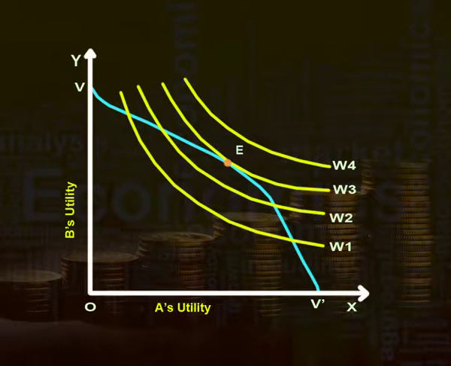Thus, from a large number of Pareto optimum points on the grand utility possibility curve, we have a unique optimum point E at which the social welfare is maximum. This point E shows both economic efficiency as well as equitable distribution made by the society. This point of constrained bliss represents the unique pattern of production of goods, distribution of goods and combinations of factors employed to produce the goods.